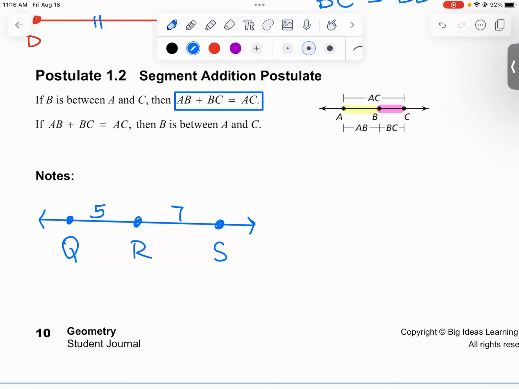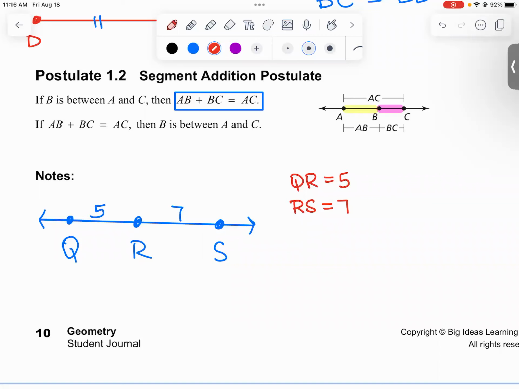Notation wise, this picture is telling us that QR has length 5. And RS has length 7. Notice how when I'm talking about the length of the segment, I'm not putting the little line on top.